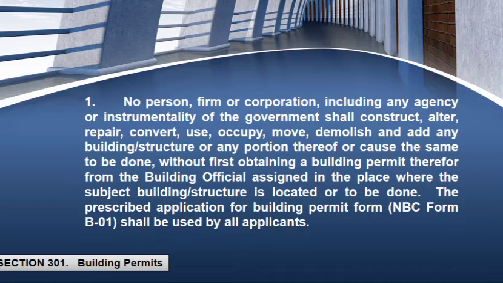In addition, according to Section 301, Building Permits, Number 1: no person, firm, or corporation, including any agency or instrumentality of the government, shall construct, alter, repair, convert, use, occupy, move, demolish, or add any building or structure or any portion thereof, or cause the same to be done, without first obtaining a building permit therefor from the building official assigned in the place where the subject building or structure is located or to be done.